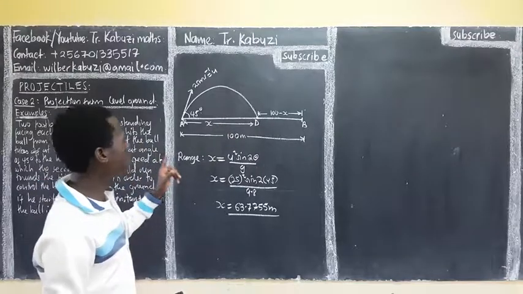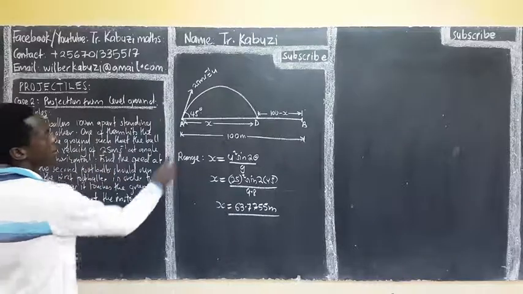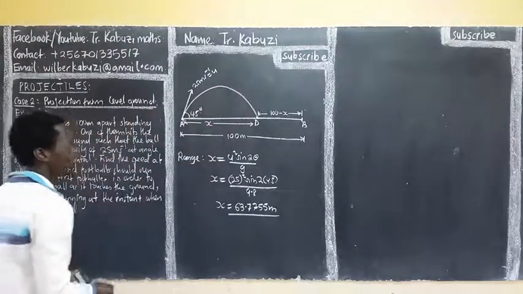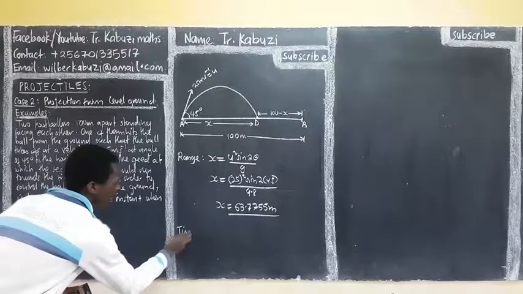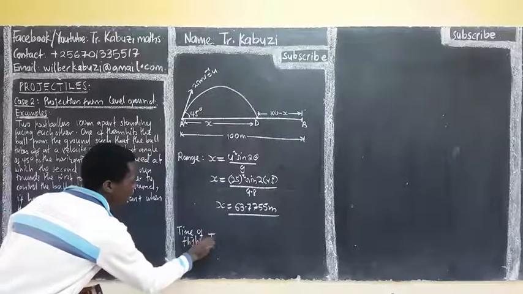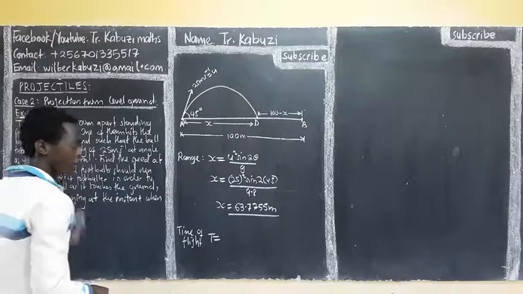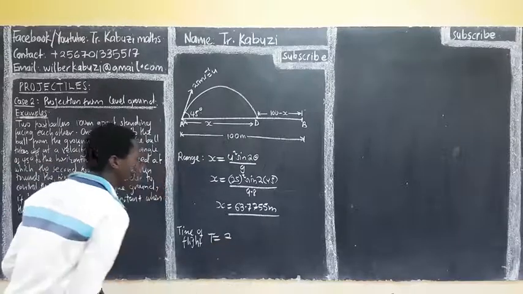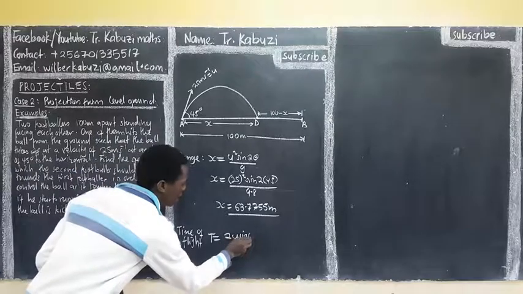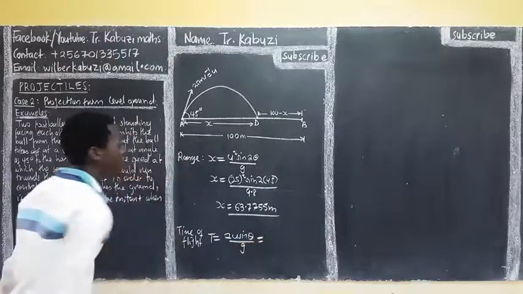So the ball is going to cover from here up to here, a distance of x. The time it's going to take is the time of flight. The time of flight t is 2 u sine theta, the whole over g. That's the time of our flight.